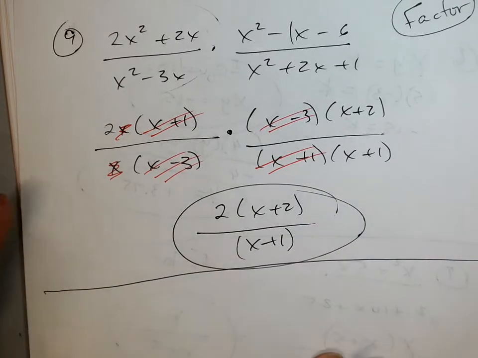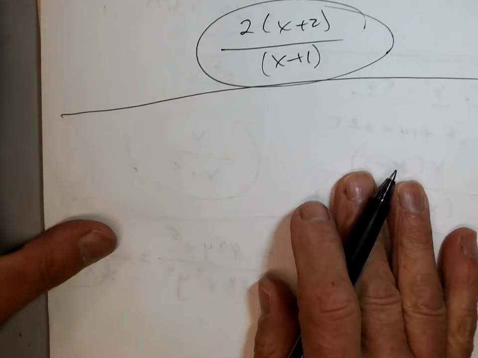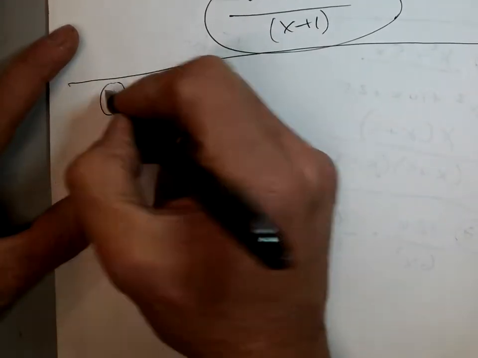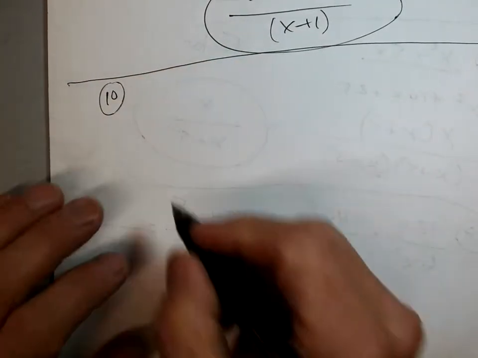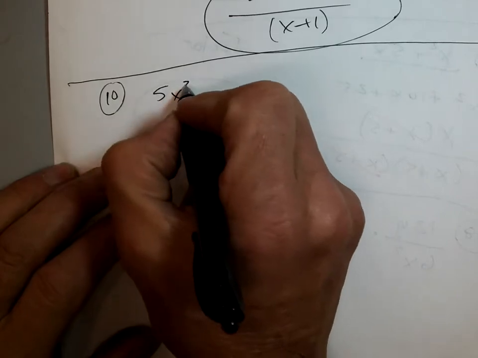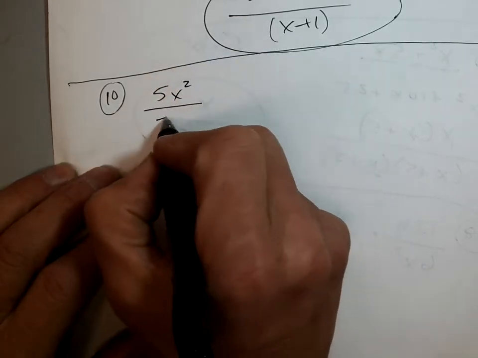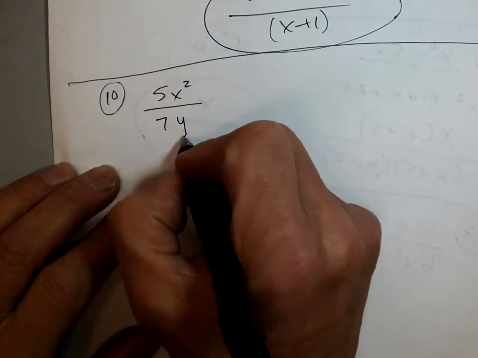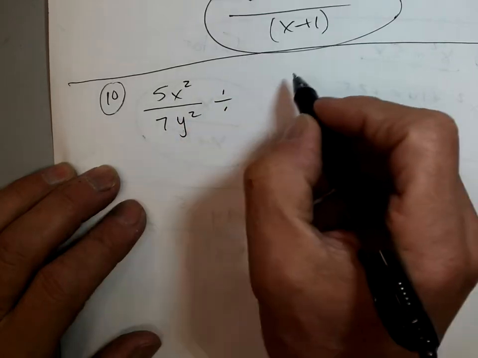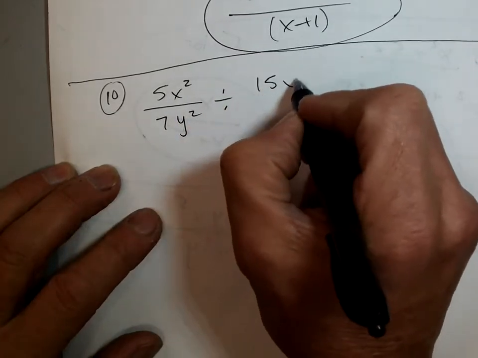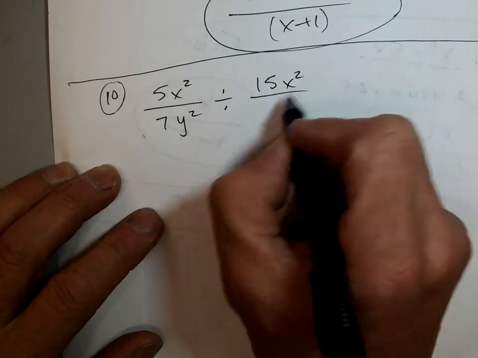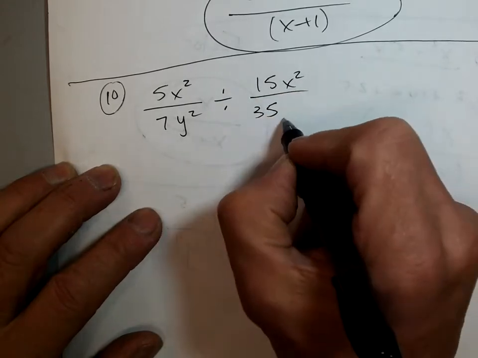Okay, you guys ready for 10? 10. I've got a 5x squared over a 7y squared divided by 15x squared over 35y to the third.